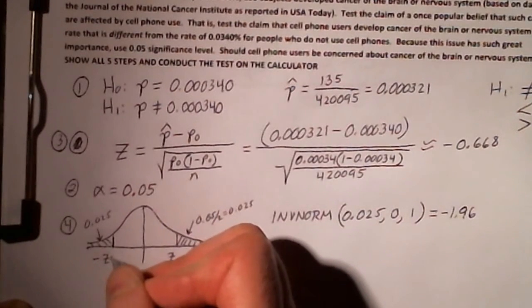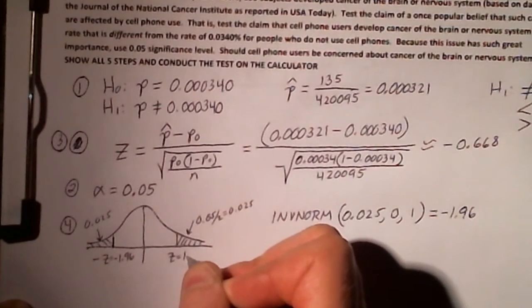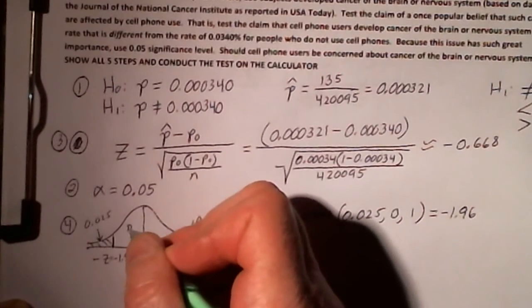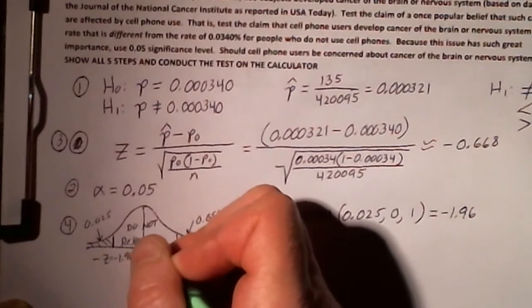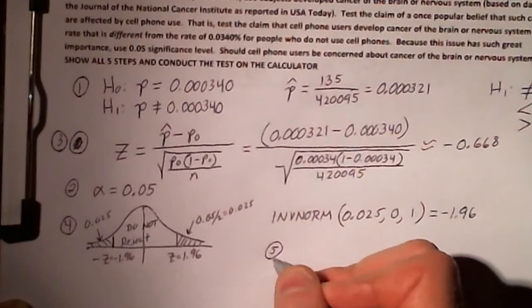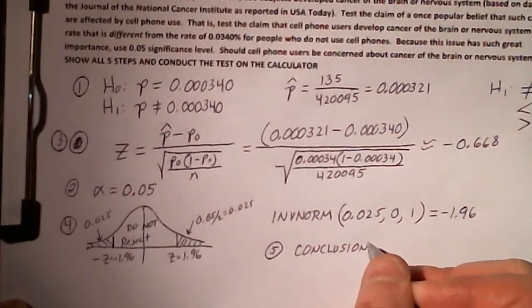So we have two critical z-values, negative 1.96 and positive 1.96. These are the values that separate the rejection from the acceptance region, or the do not reject region. Step number 5 is drawing a conclusion as to what we're going to do with our hypotheses.